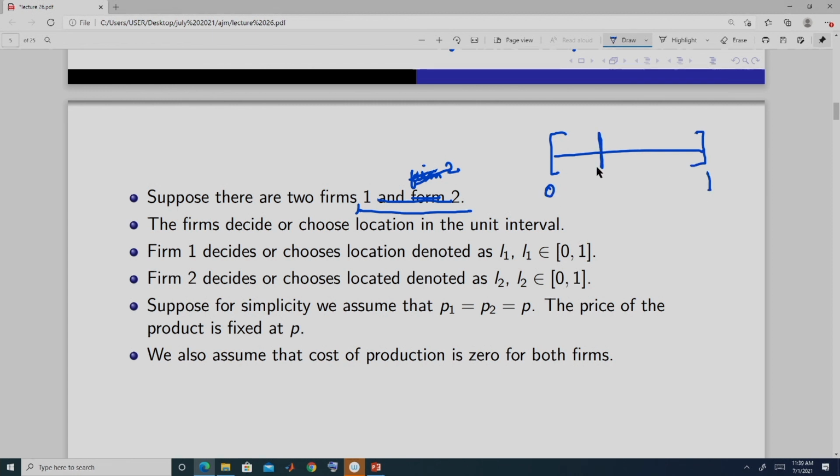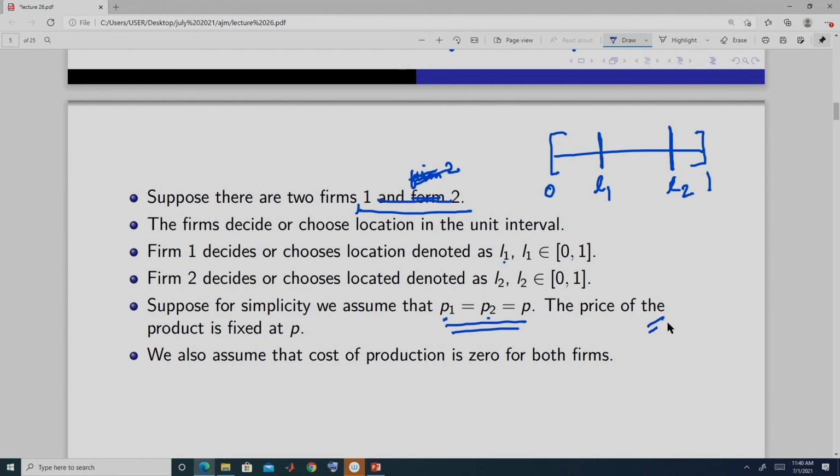There is one location that is chosen by firm 1 and another is chosen by firm 2. Firm 1's location is denoted by L1 and the location of firm 2 is denoted by L2. For simplicity, we assume that the prices are the same, P1 is equal to P2, and it remains fixed.